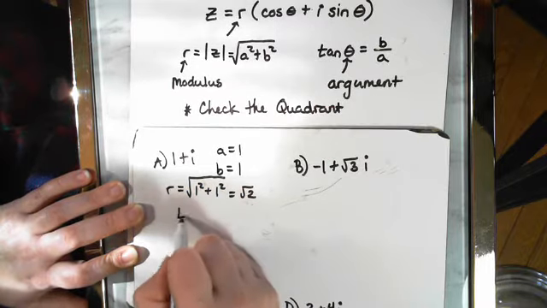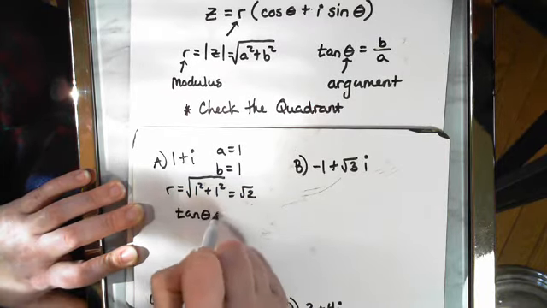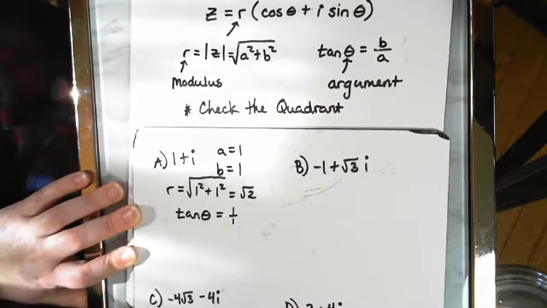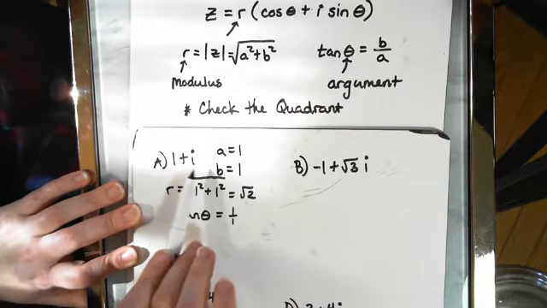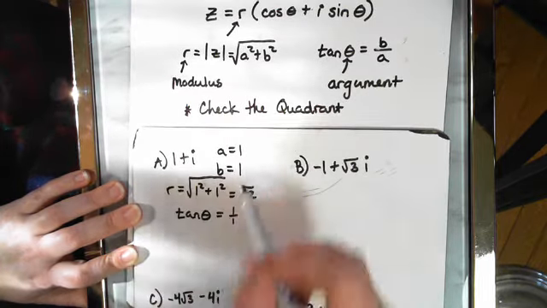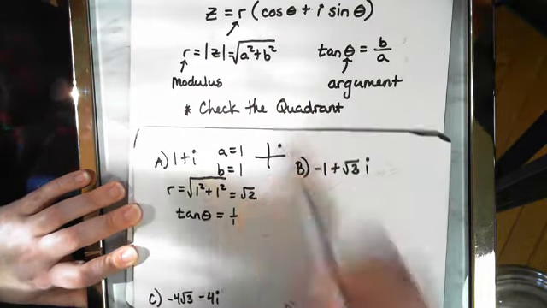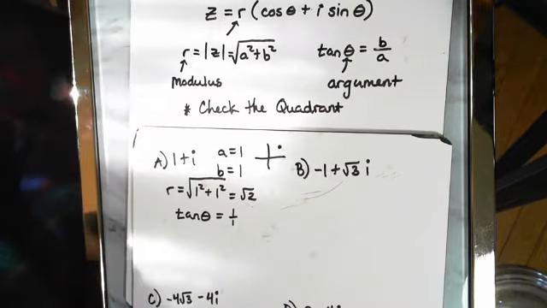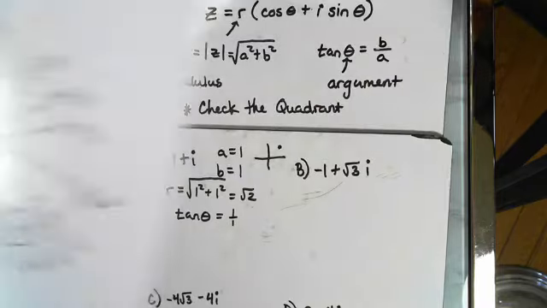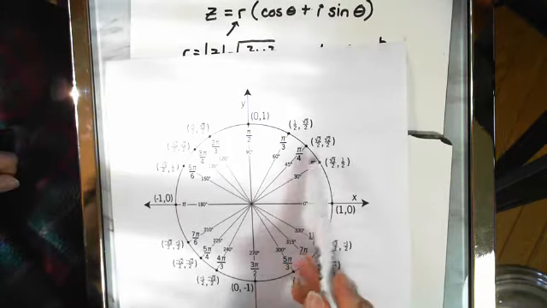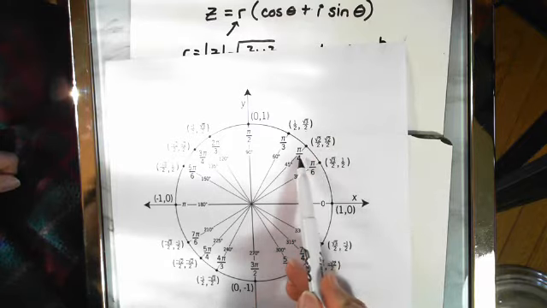And for theta, I know tangent of theta is 1 over 1, or just plain old 1. Now, notice that this is going to be in first quadrant because I have a positive x and a positive y. It would graph right about there. So let me get my unit circle to see what value has a tangent of 1 in first quadrant. And I notice that right here at pi over 4, the tangent is going to be 1.